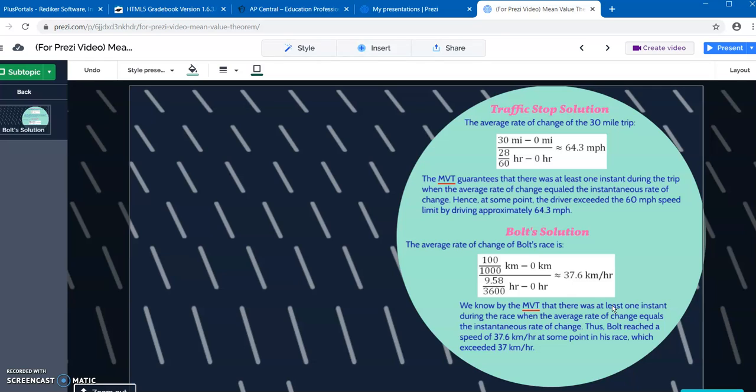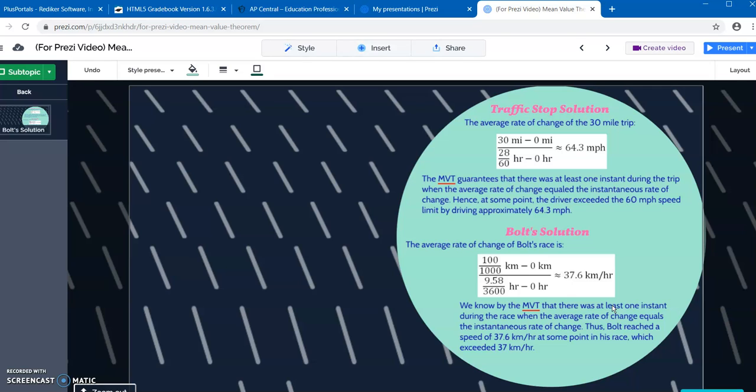We say the average rate of change of the 30-mile trip would be 30 minus 0 over the change in time in hours, which gives us approximately 64.3 miles per hour. With this result, we can then justify why the mean value theorem is applicable.